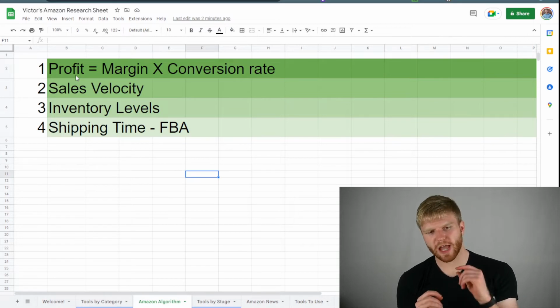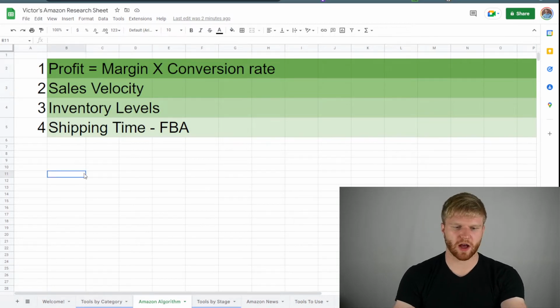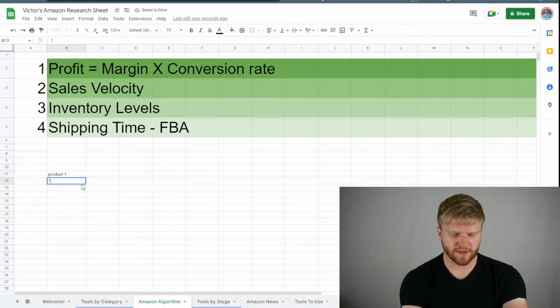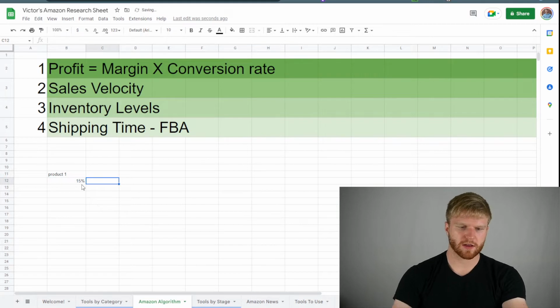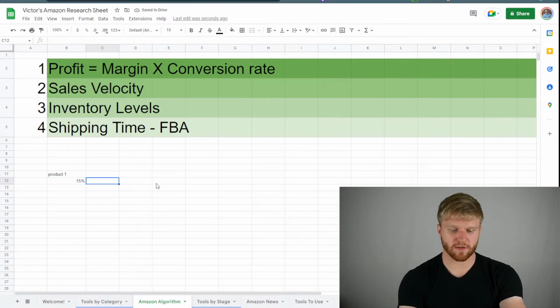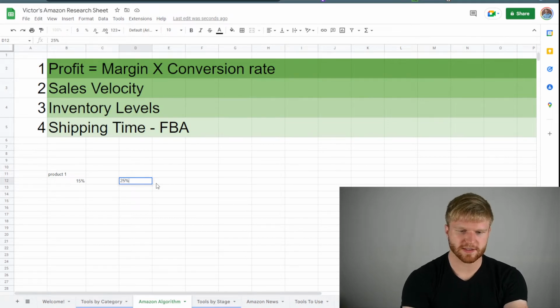So, if you have a product, let's just call this product one, for example. Product one currently has a 15% margin. Let's say that's the margin, and then the conversion rate on that is, let's say, 25%.